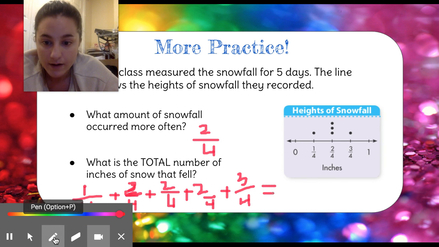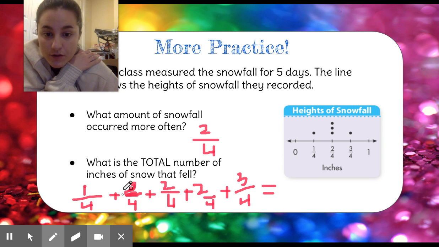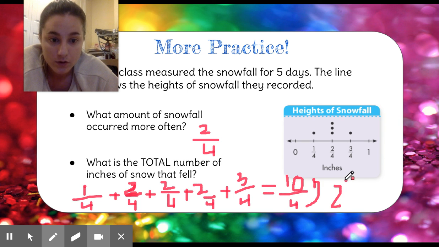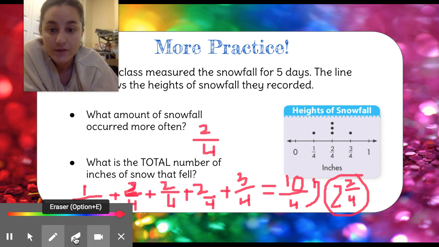So let me add them up. 1 plus 2 is 3. 3 plus 2 is 5. 5 plus 2 is 7. 8, 9, 10. I have 10/4, but it can't stay like that. How many times does 4 go into 10? 2, with 2/4 left over. So 2 2/4 is the total number of inches of snow that fell.